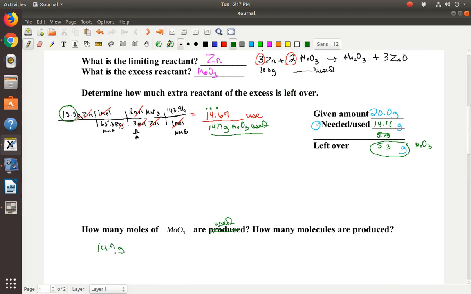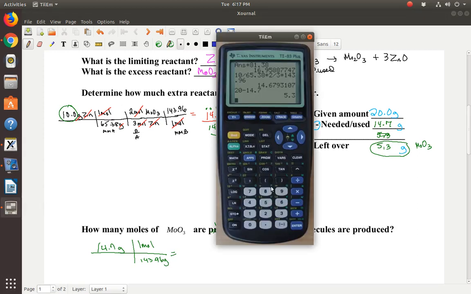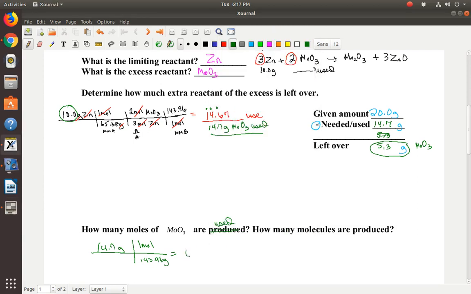14.7 grams. If I turn that to moles, I would say 1 mole is 143.96 grams. And then I'll have how many moles? So 14.7 divided by 143.96 is 0.102 moles.